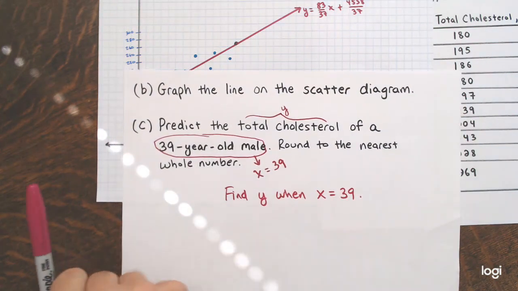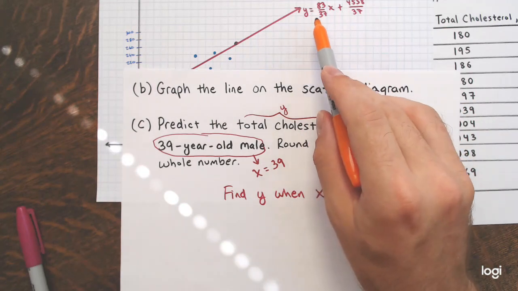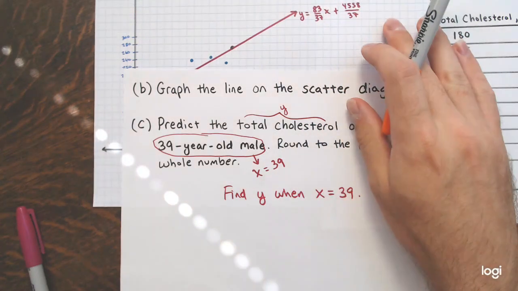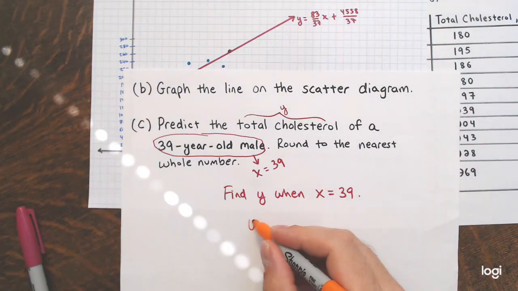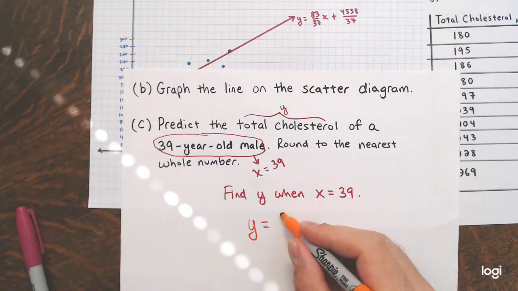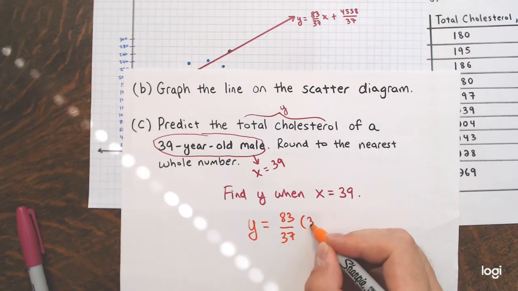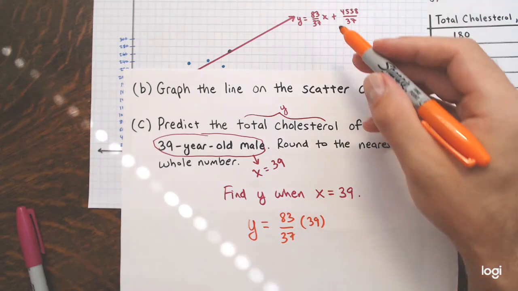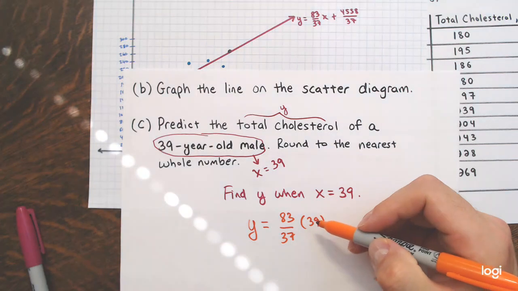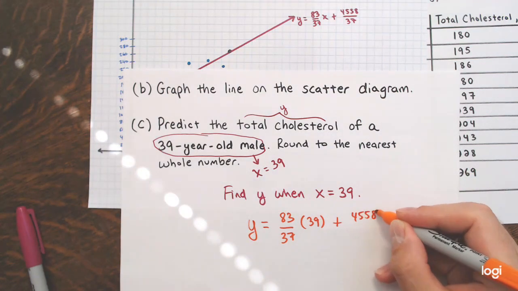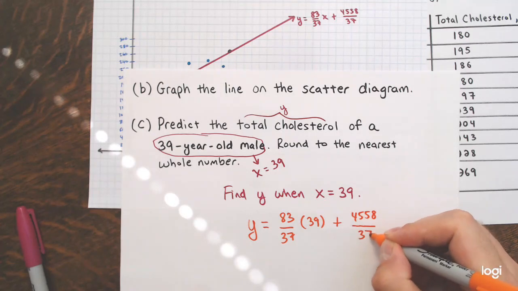So we go into our equation. y equals 83/37 x plus 4,558/37. y equals 83/37 times 39. I'm replacing x with 39 in the equation that I drew for this line, plus 4,558/37.